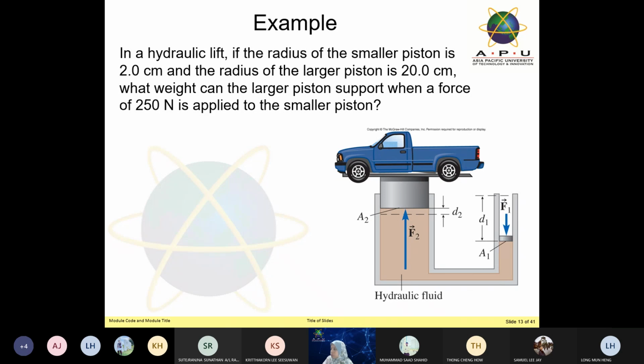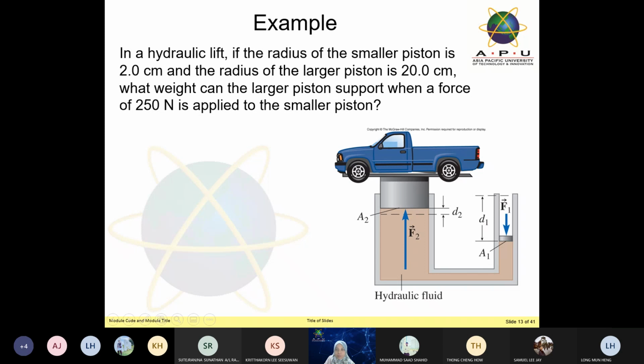Try to do. 2,500, already calculated. For which one, A1 or A2?